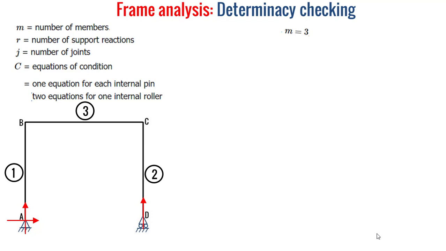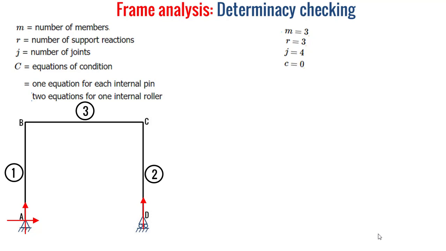So the number of support reactions R is equal to 3. For the number of joints, we have 4 joints at the points A, B, C, and D. So the number of joints J is equal to 4. And for C, the equations of condition, we have neither internal pin nor internal roller. So the equation of condition C is equal to 0.